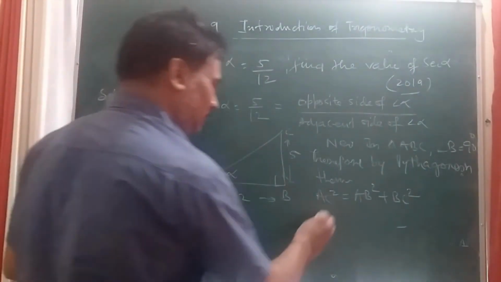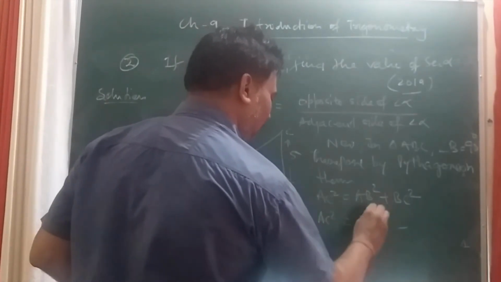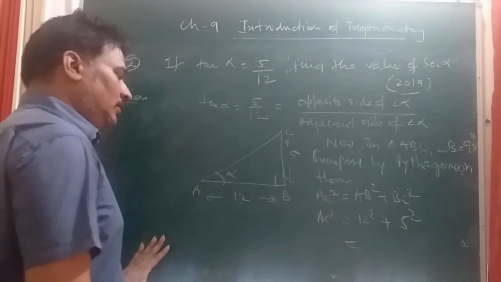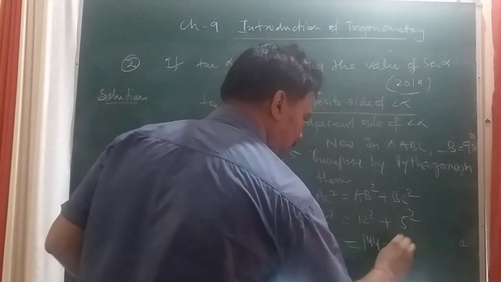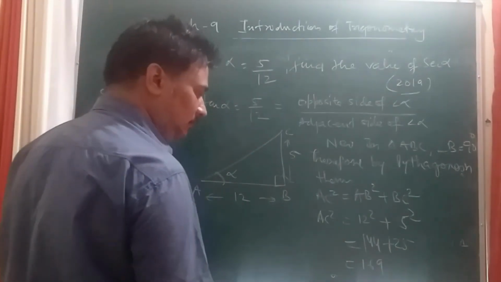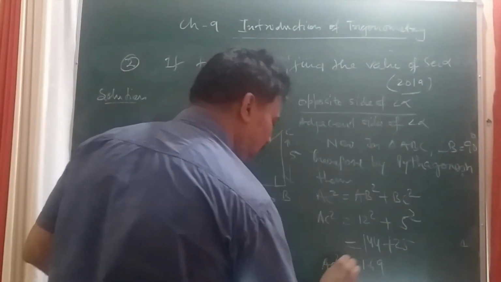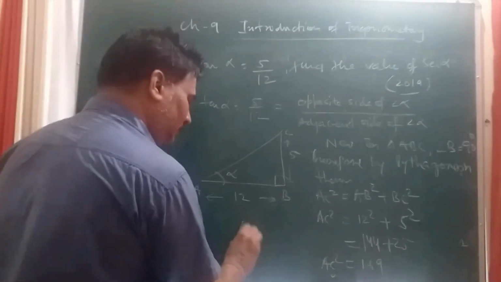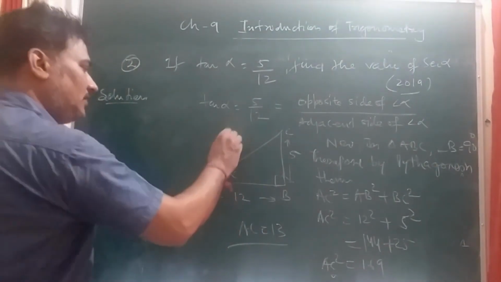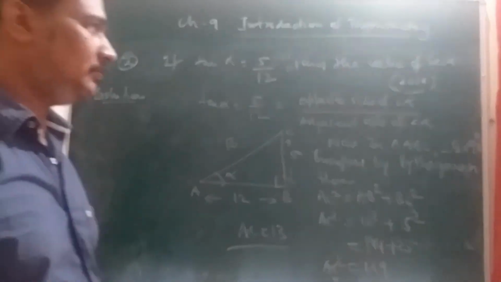It means AC square is equal to 12 square plus 5 square, which is 144 plus 25, 169, sorry. AC square is equal to 169. It means AC is equal to 13. So the value of AC is 13.